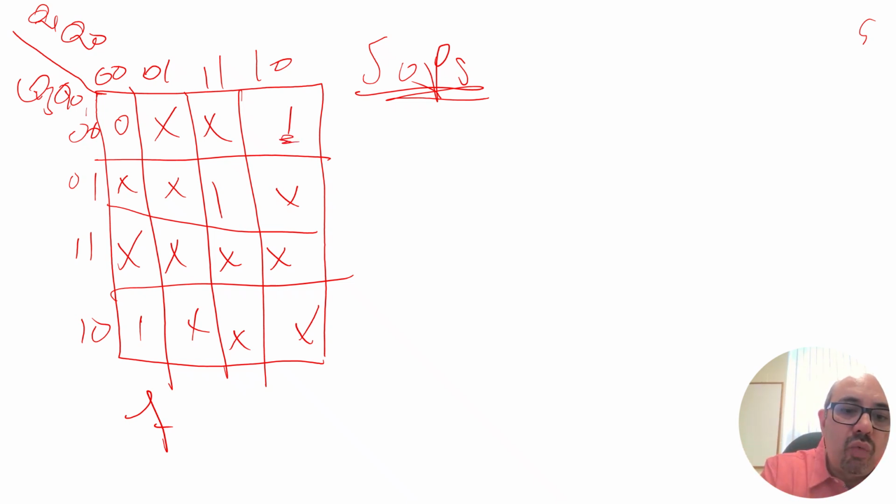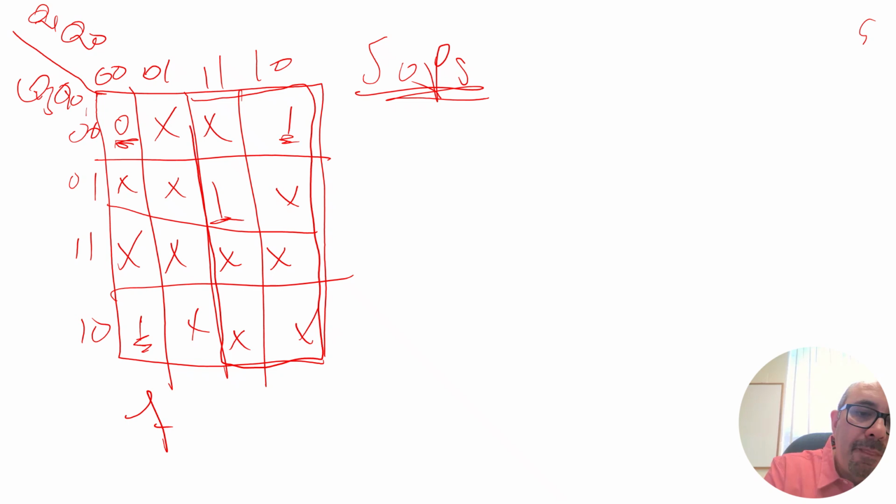I have here 1, here 1, and here 1, and I will think, can I group these ones in one group of 16 cells? No, because I have this 0 here. So I will move from 16 to 8. Can I group all 3 of them in 8? No, for sure. So I can have these 2 ones in a group.